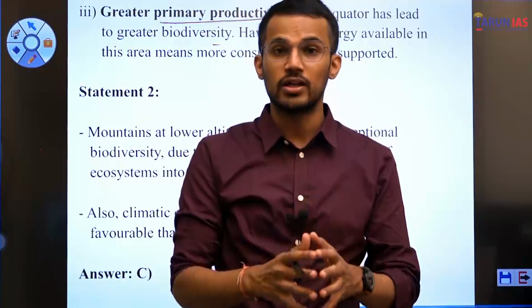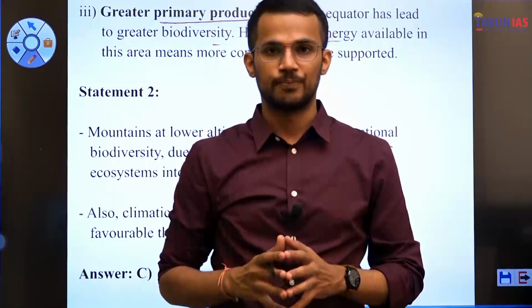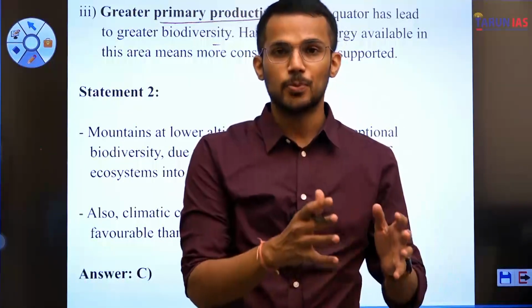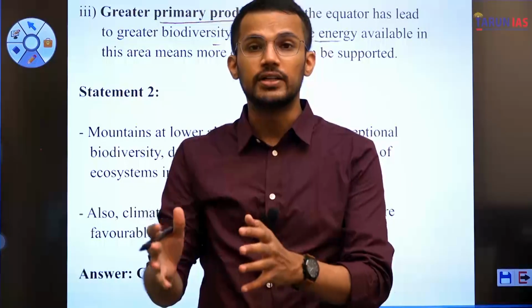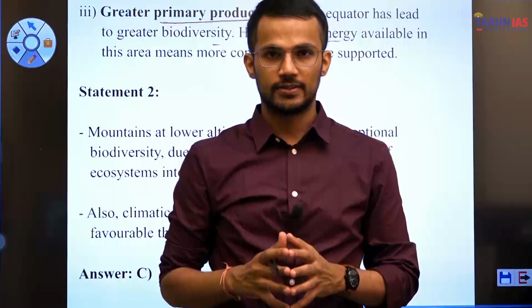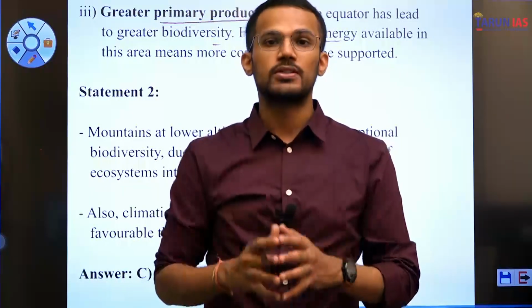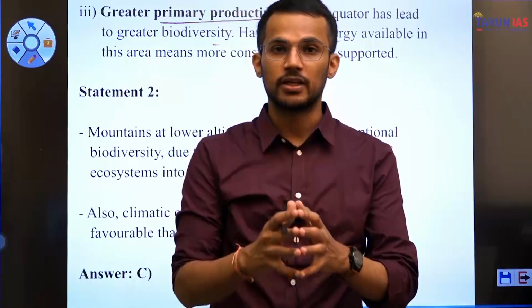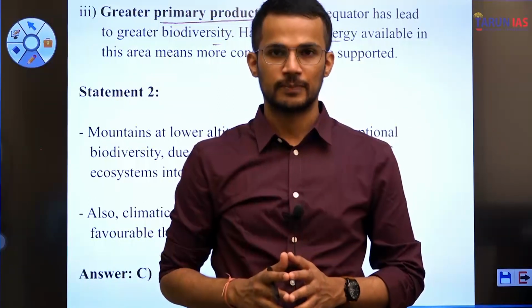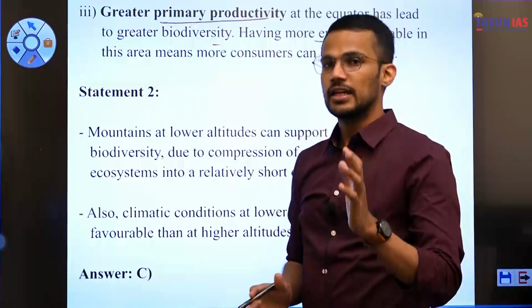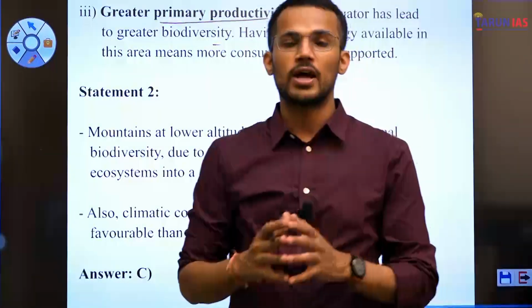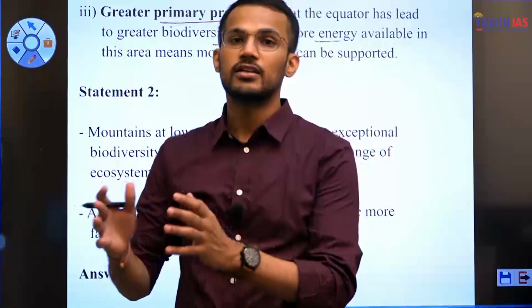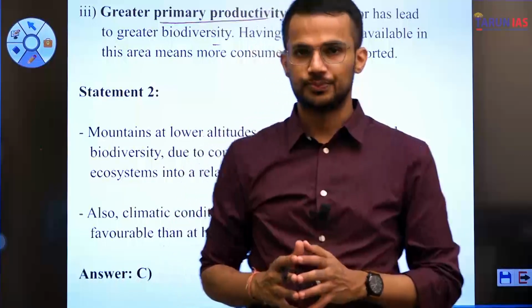As primary productivity is more, they'll be able to feed more trophic levels, and hence biodiversity is more in the tropical and equatorial locations. And that's why the equator or tropical locations have more biodiversity than higher latitudes.